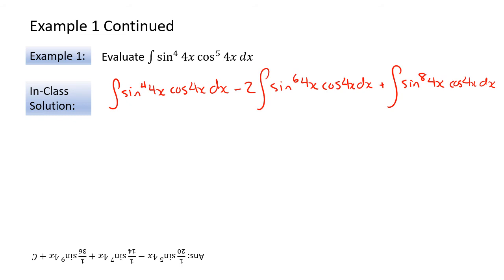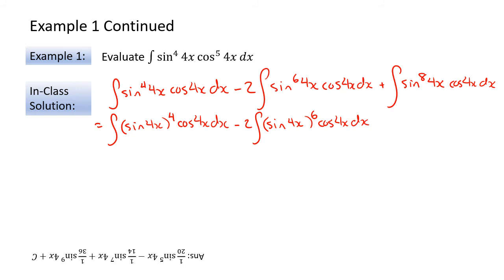So again, I'm going to use the method of substitution because we can write all these integrals as the integral of sine of 4x to the exponent 4 cosine of 4x dx, minus 2 times the integral of sine of 4x, again all in brackets, to the exponent 6 cosine of 4x dx, plus our last integral, sine of 4x to the exponent 8 times the cosine of 4x dx.